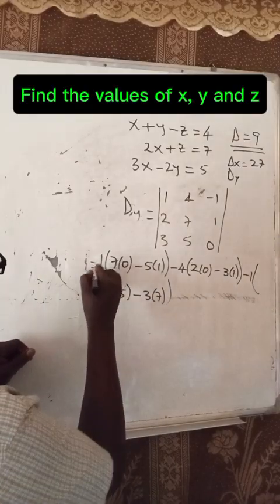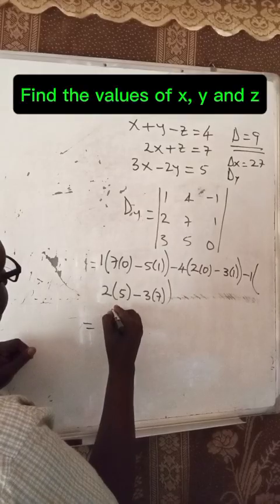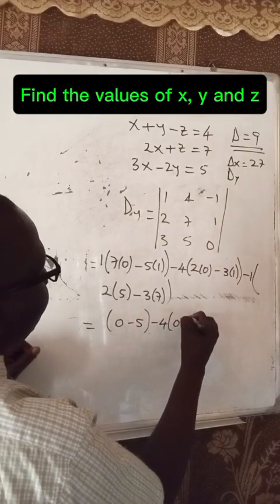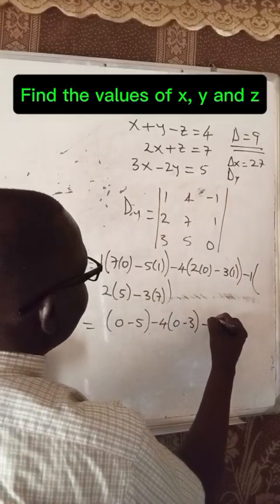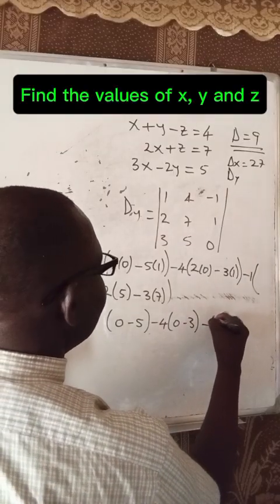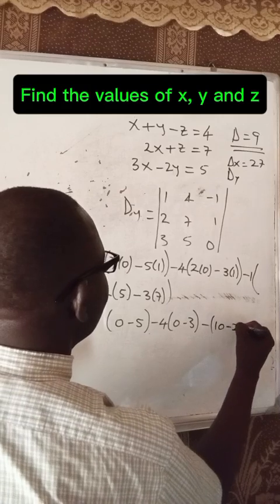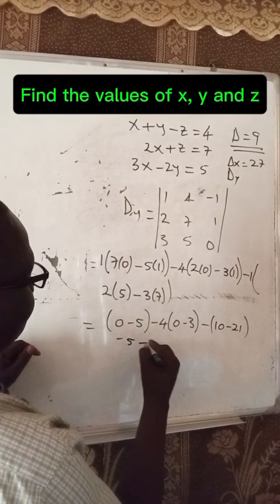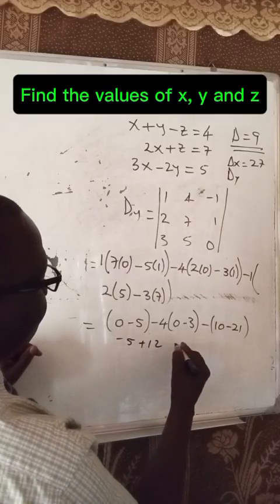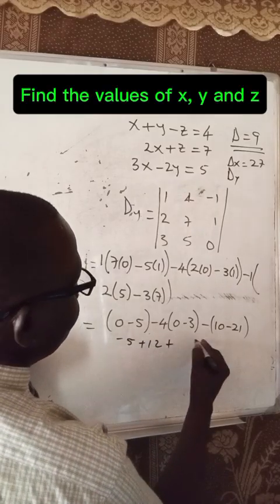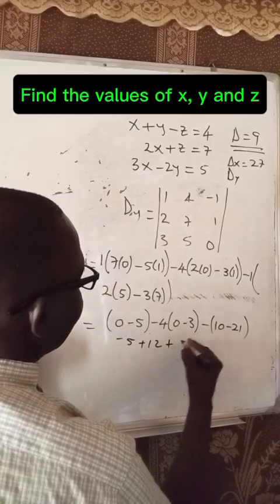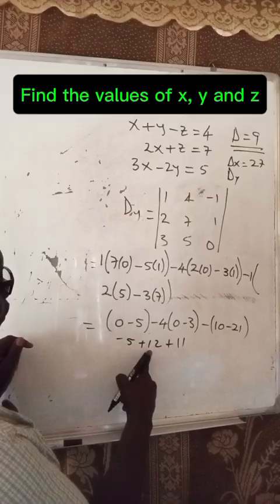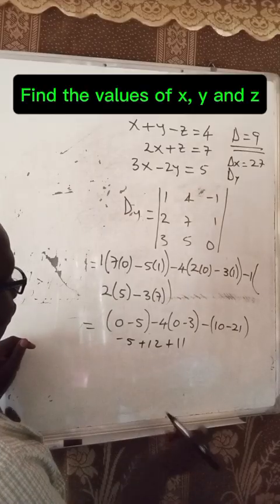Now, this is equal to (0 minus 5) minus 4 times (0 minus 3) minus 1 times (10 minus 21). Now we will have negative 5, minus, this becomes plus 12, then plus 11.